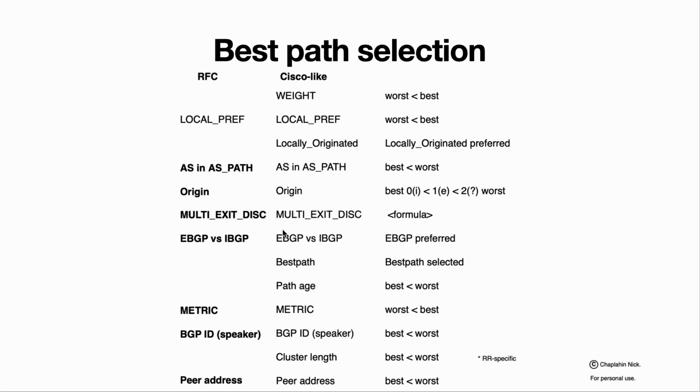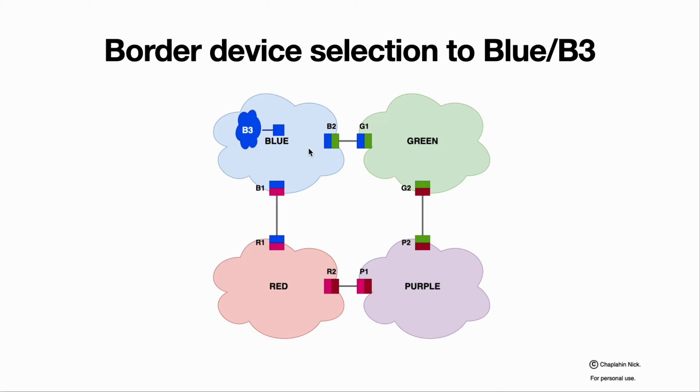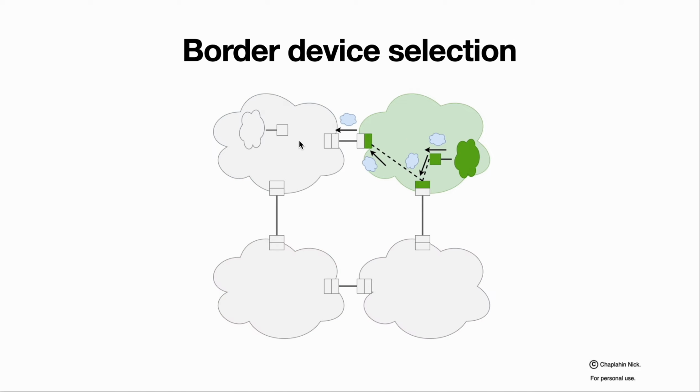If we still have some paths that have all of that equal, we try to figure out whether it was eBGP or iBGP. As we already mentioned, we can receive information externally or internally, and in some configurations there is potentially a loop.